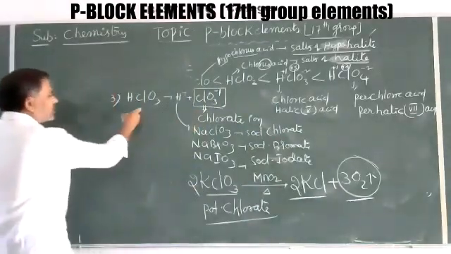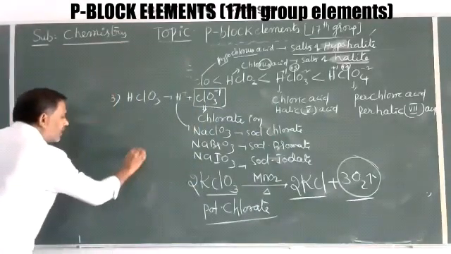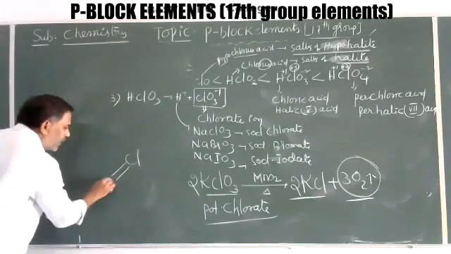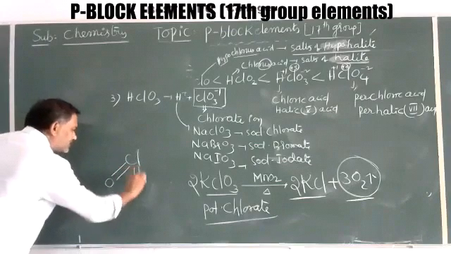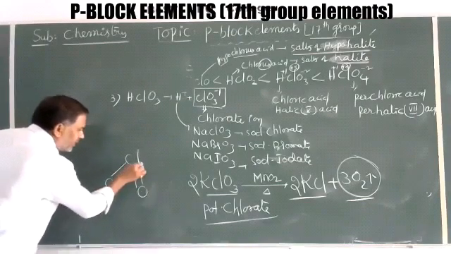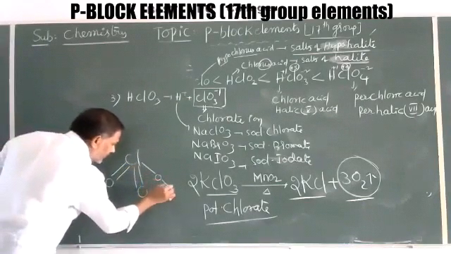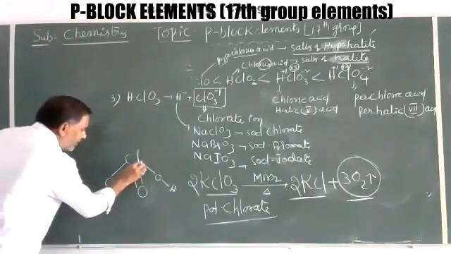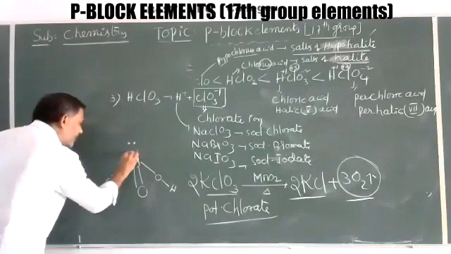Now here the structure is: around chlorine 7 valence electrons are there. Out of 7, 2 are double bonds with oxygen, and one is with oxygen and hydrogen, and 1 lone pair is there.